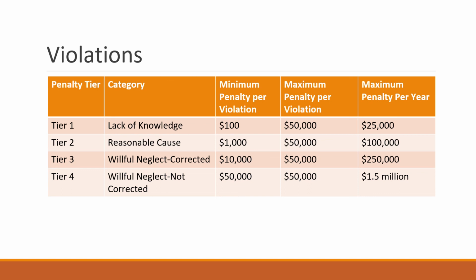So lack of knowledge, those are typically your tier 1. Your tier 2 category is reasonable cause. They go anywhere from $1,000 to $100,000. Willful neglect corrected, that could be $10,000 to $250,000. And willful neglect not corrected, those could range from $50,000 to 1.5 million.